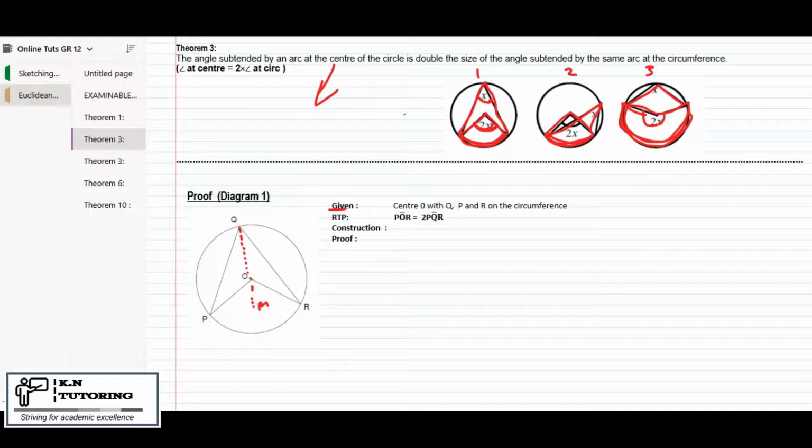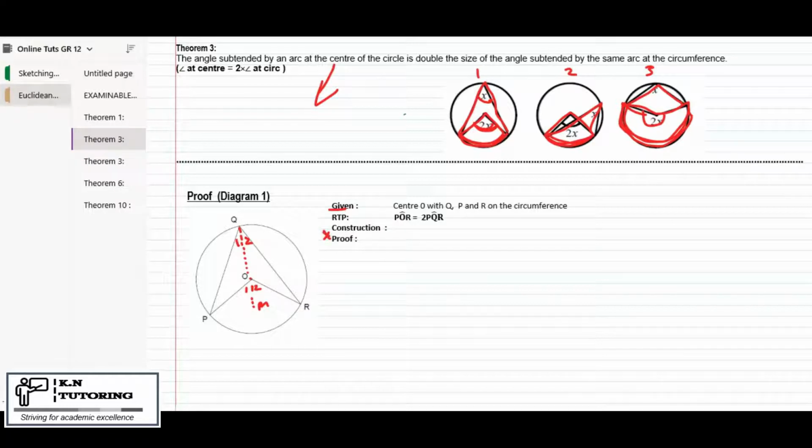It's not at the center, it's not at the circumference. Okay, and then I will name this angle 1, angle 2, and I will name this angle O1 and then angle O2.